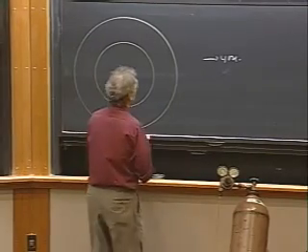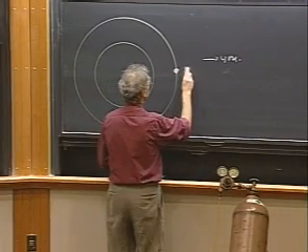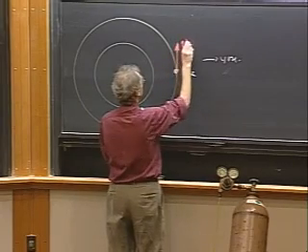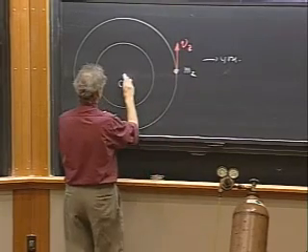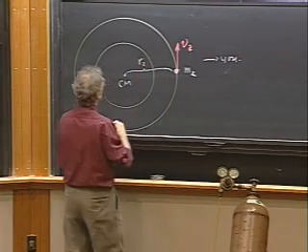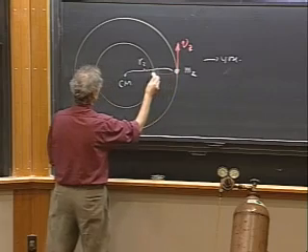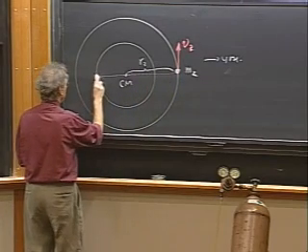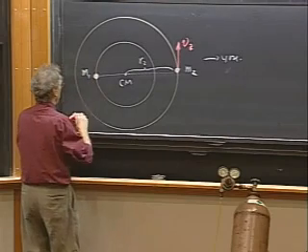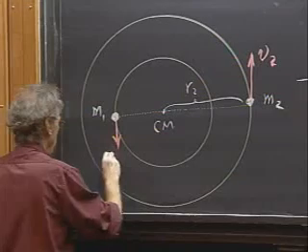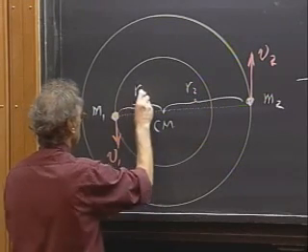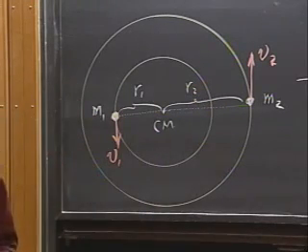And let this star have a mass m2, and let its speed in orbit be v2, and let this separation from the center of mass be r2. So the other star must be exactly here, m1, and that has a speed v1, and let its distance to the center of mass be r1.